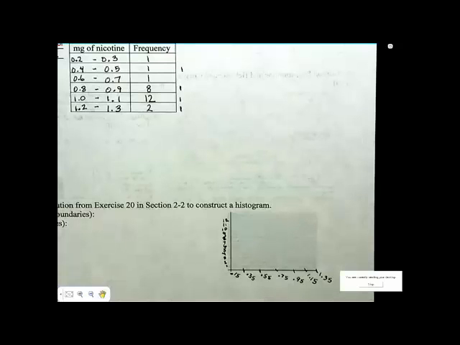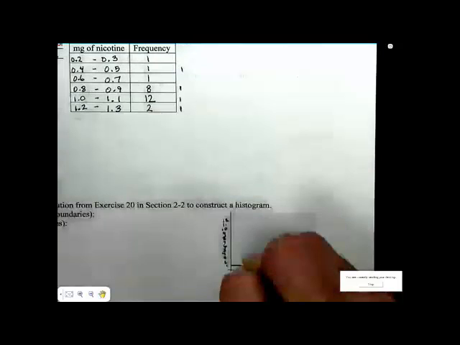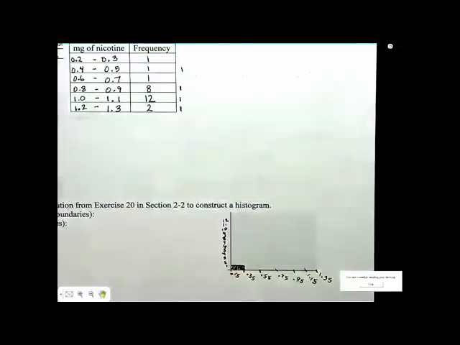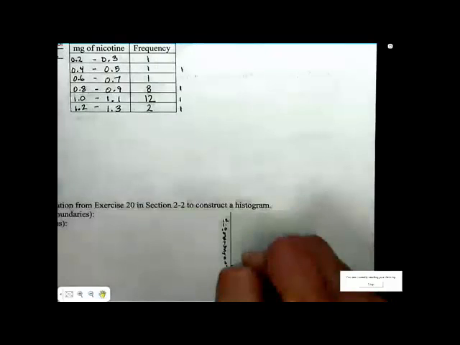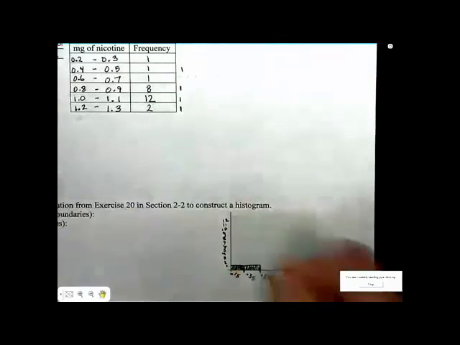Did you have a question? Okay. Only one brand of cigarette had between 0.2 and 0.3 milligrams of nicotine. So the bar for that class only needs to go up to the first line. Only one brand of cigarette had between 0.4 and 0.5 milligrams of nicotine. So the bar only needs to go up to 1 for that class.